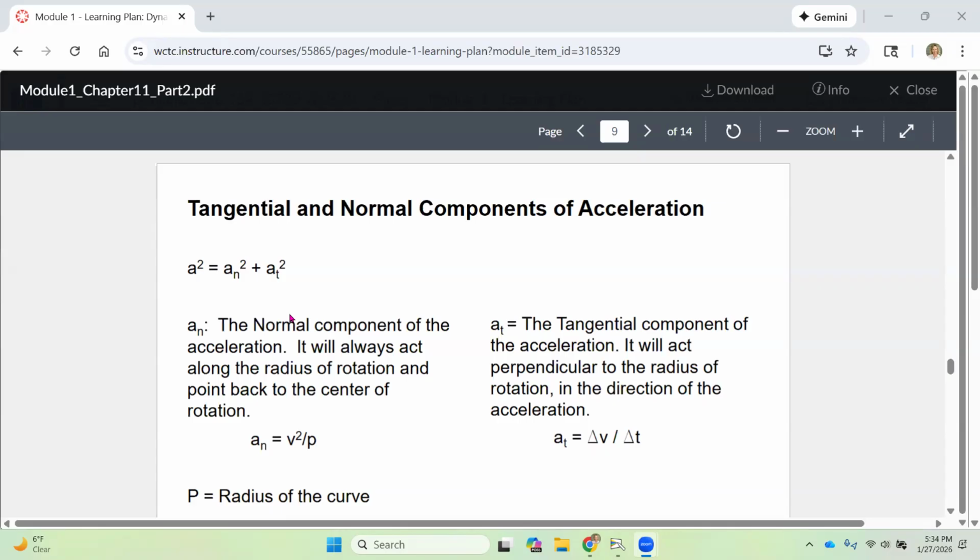The acceleration squared is like our c squared, or the hypotenuse of a right triangle, and the normal and tangential components of acceleration are like the legs of a right triangle. So if we wanted to solve for the magnitude of an acceleration on a curved path, we can take those normal and tangential components to solve for it. Okay, so that looks familiar to us.